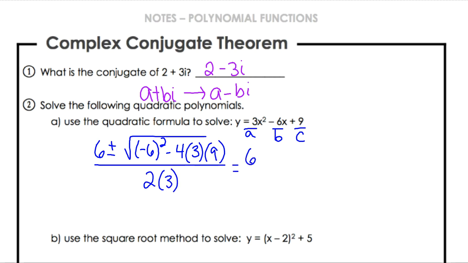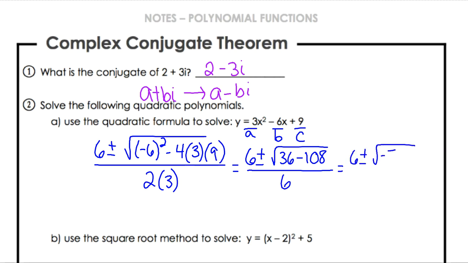So if we simplify that, we get 6 plus or minus the square root of 36 minus, when I simplify 4 times 3 times 9, I get 108, all over 6. Simplify that square root a little bit more. 36 minus 108 is negative 72 over 6.